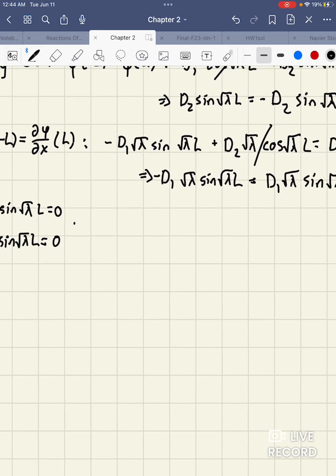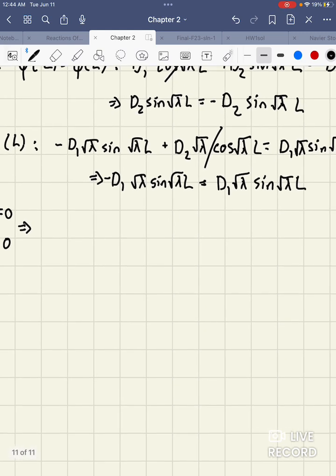So both cases conclude one thing: if we're trying to avoid the trivial solution, our eigenvalue is going to be lambda equal to n pi over L squared.